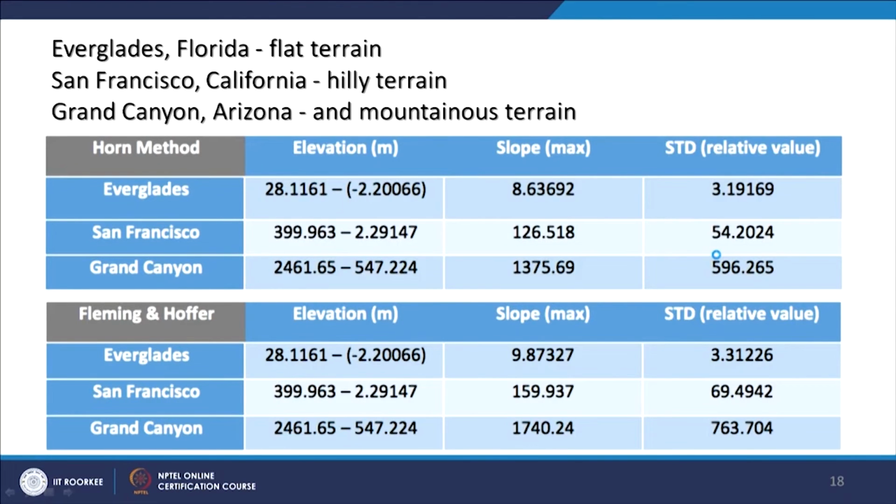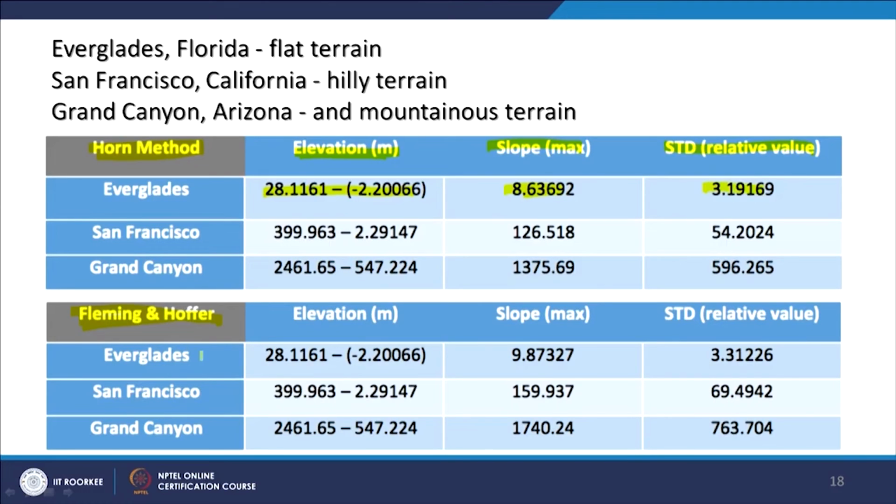Now, 3 examples are shown for different types of terrains of USA, with 2 different methods, that is the Horn method and the Fleming and Hoffer method. For what we see, when the elevation range is like this, slope maximum is this, and relative value is this.